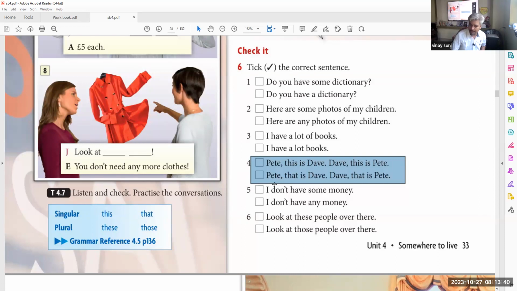No, beta. I'll tell you. Suppose I am in the park with my wife. Okay. And you are also there. Then I call you and say to my wife, Roop, this is Tasif, my student. Tasif, this is my wife. So I introduced you and my wife to each other.